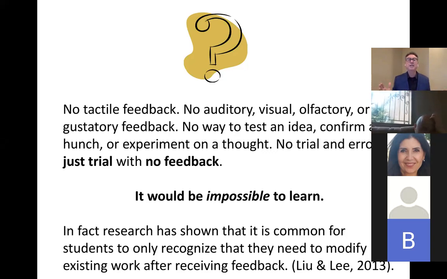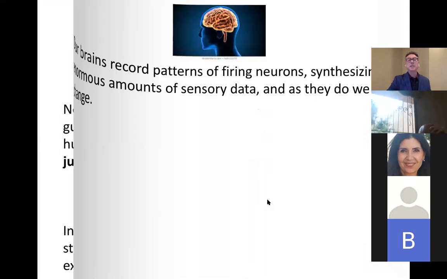Now that sounds like a pretty simple statement, and it's fairly common sense for all of us who are teachers. But I know myself, I don't always consider with the appropriate attention what kind of feedback students need in order to modify their ideas and ultimately to learn.